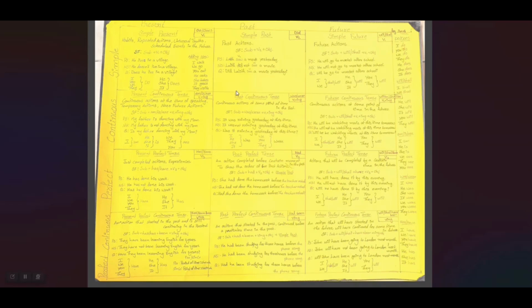Next is, see here. Here we are using V1 other than positive sentence in simple past. Next we are using V-ing forms. Again we are using V3 forms in perfects. Here we are using V-ing forms. And here, see, if you observe future tenses: will or shall, will be, shall be, will have, shall have, and will have been, shall have been.